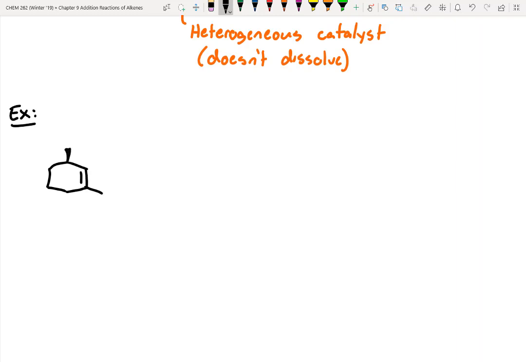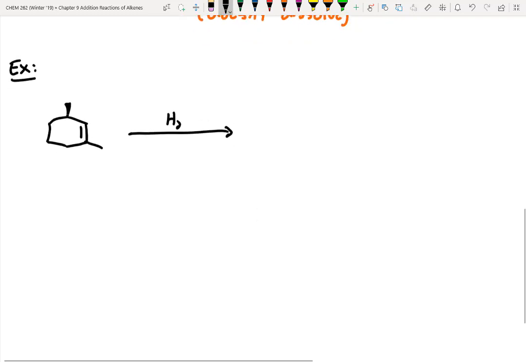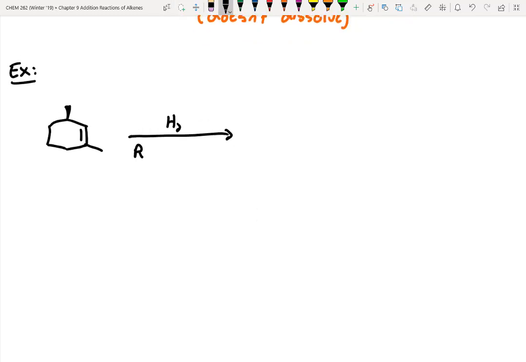This next one, we still use hydrogen. We need that for the reduction. But this time we use a ruthenium catalyst. This is kind of another chunk of alphabet soup. This is called Wilkinson's catalyst.